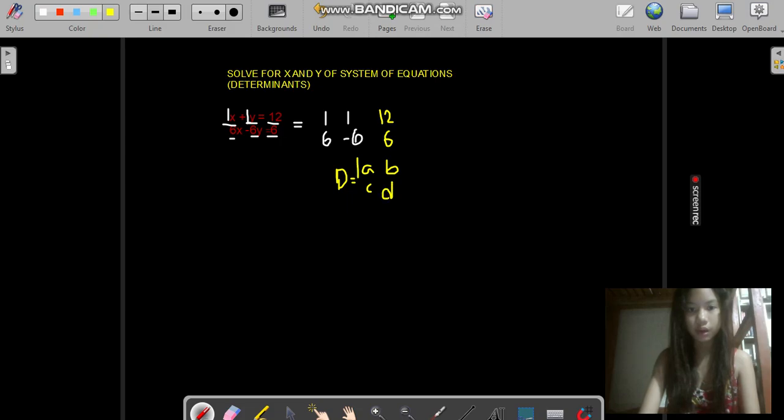So that's the determinant, and that's the formula of the determinant.